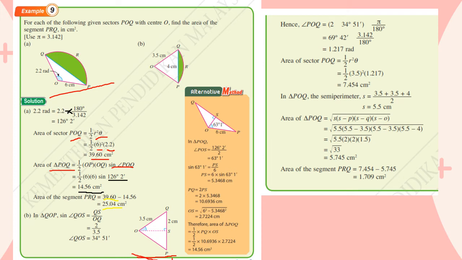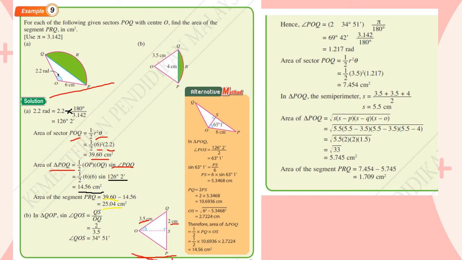Because if we need to find the angle here, we need the length of opposite and hypotenuse. Then we can find the angle QOS, which is 34.51. So to get the angle of QOP, you just multiply by 2.